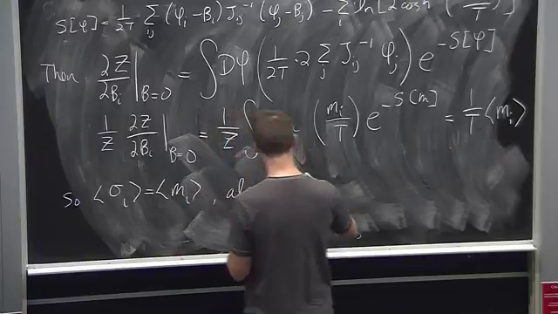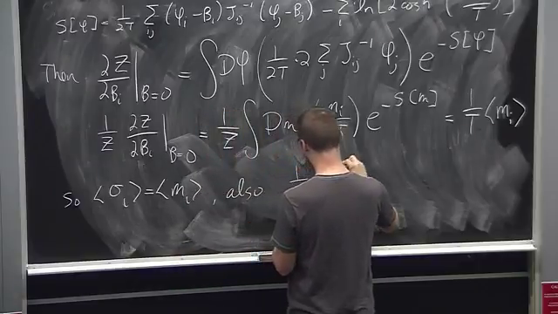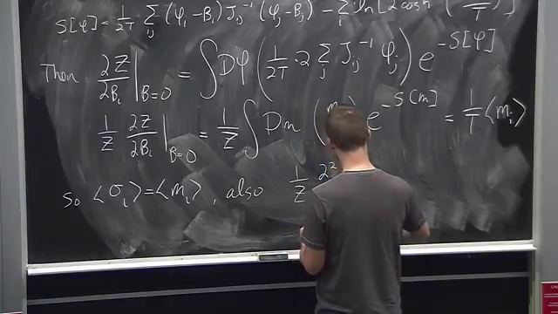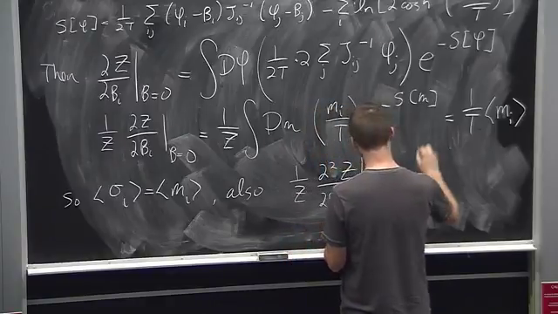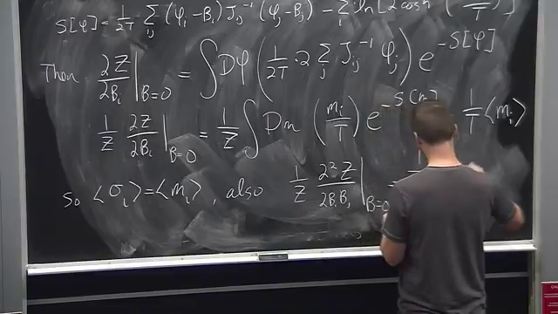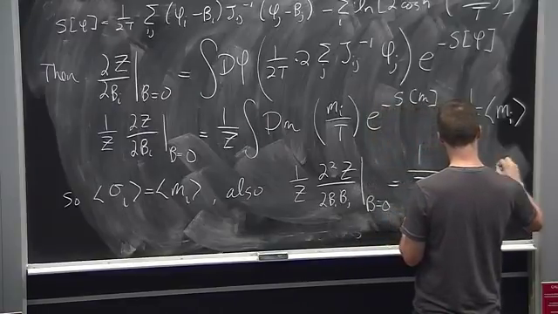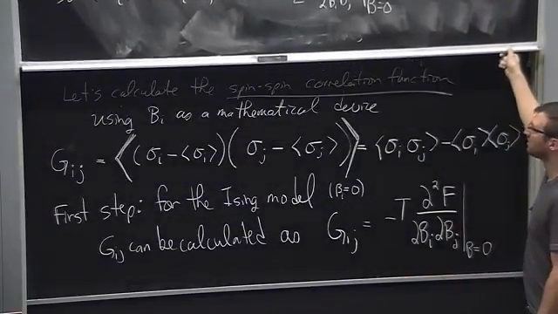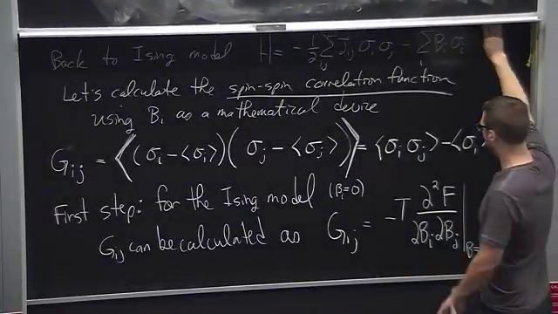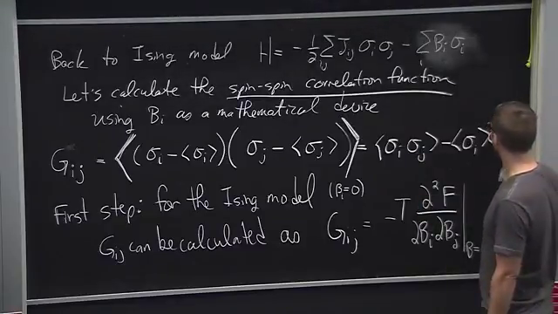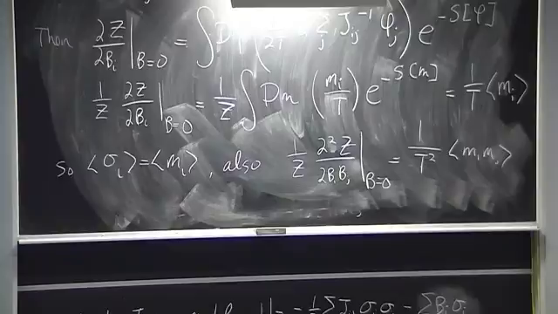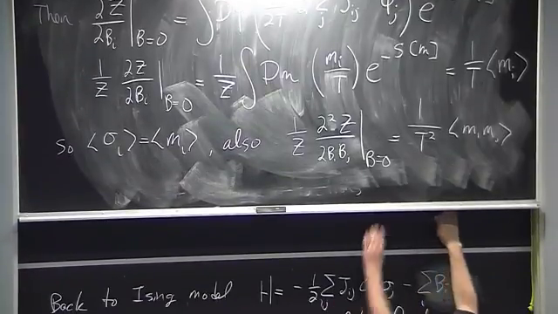I won't do this one, but the second derivative, you could check it if you were so inclined. So I can write, instead of this, my Gij in terms of m squared and m.